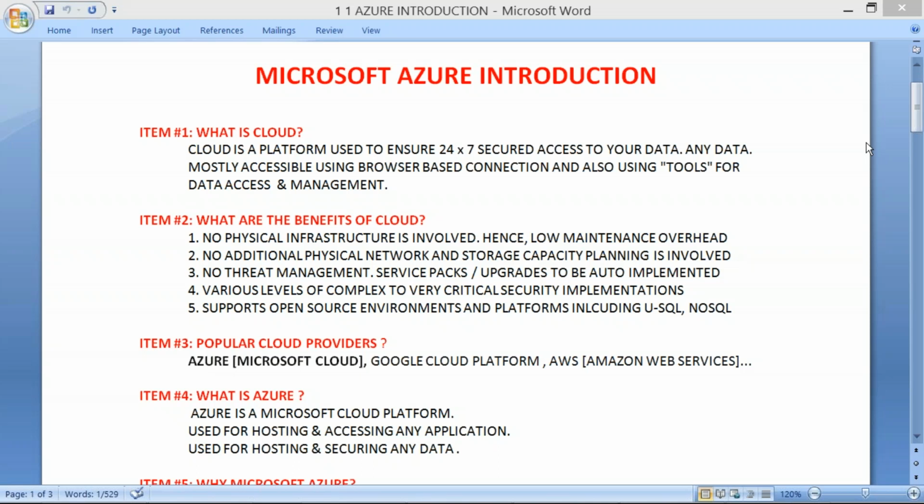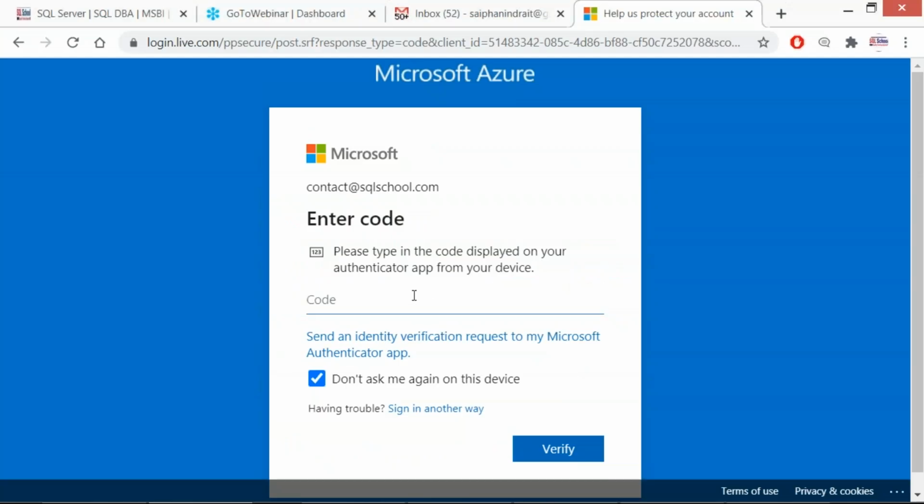Microsoft has a cloud platform called Azure Cloud. Now let's take it. Yes, so here we go. Let's log into Azure Cloud and let me just make sure. Let me just provide my password and log in.